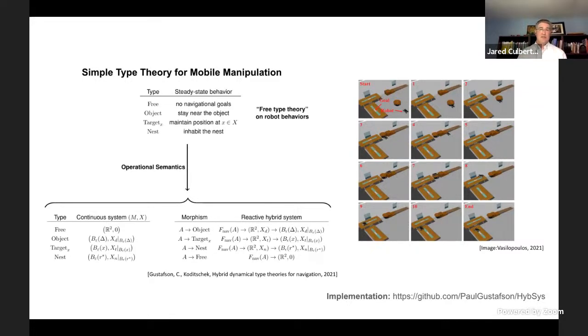Paul, together with some of the postdocs and graduate students at Penn, were able to implement this, and there's a link to Paul's GitHub here that has a basic implementation. They were using this to do some of the robotic simulations in Gazebo and other things there, and I was really happy to see it. And Paul, I think, has gone on to do some even more interesting things with linear logics and connections with more complex type theories based on the same underlying hybrid systems theory.